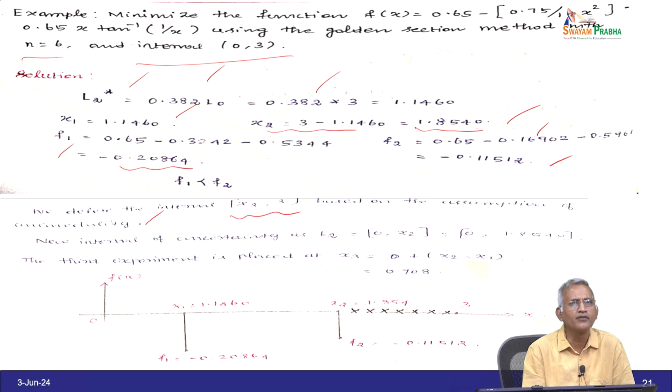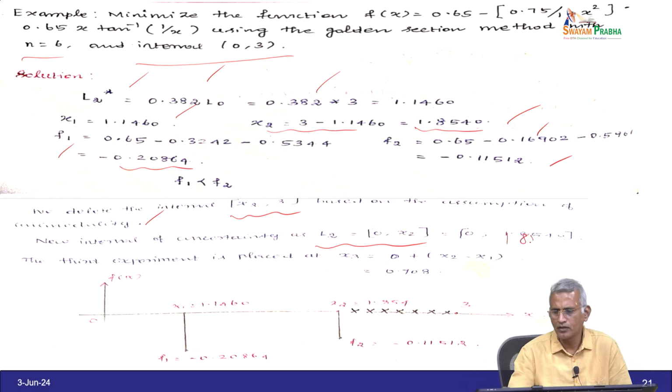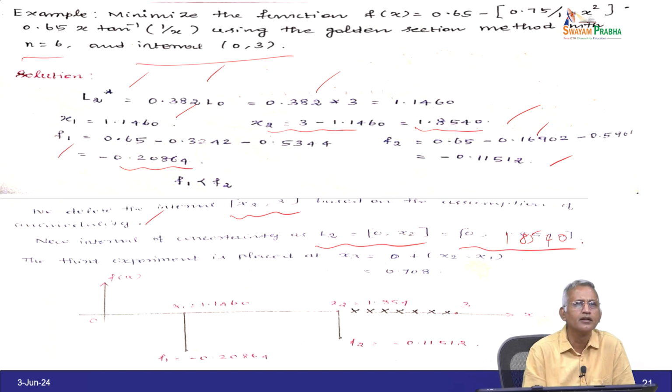The interval of the equation consists of L2 equal to 0 to x2, which is 1.8540, so the interval lies between these. Now, the third experiment is placed at x3 equal to 0 plus x2 minus x1, which is equal to 0.708.